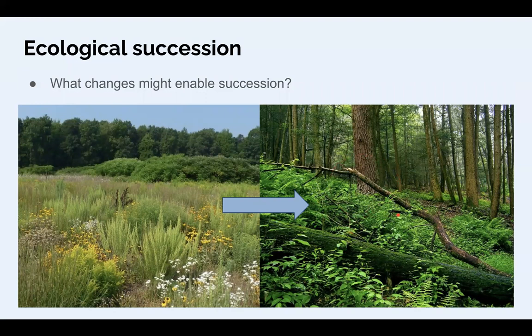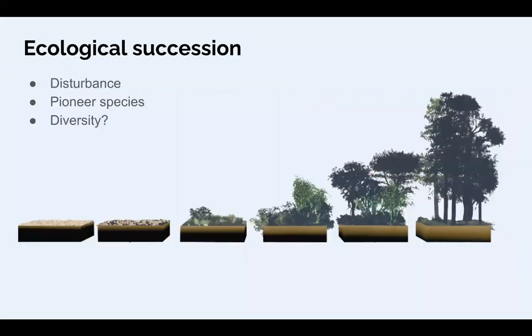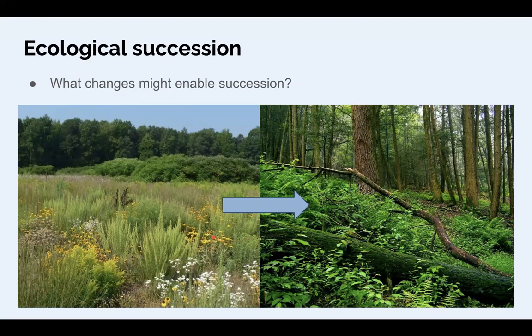So a lot of times you might see a habitat that's in the process of going from prairie toward forest. It's not always necessarily the case, though, that your prairie is destined to become a forest. There are factors that can prevent forests from establishing.